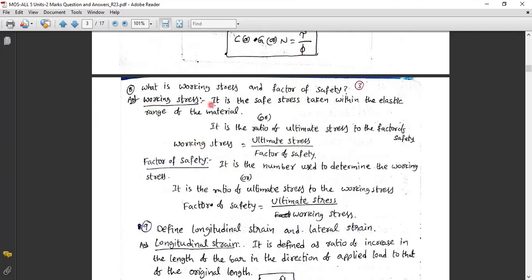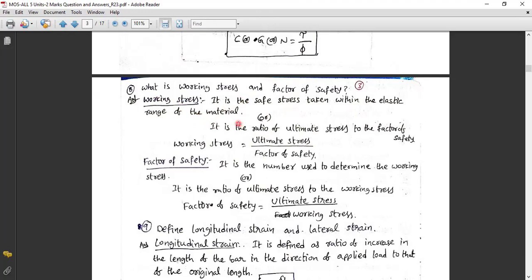Now taking the next question, what is the working stress and factor of safety? For everything, we have to apply a factor of safety and we need to have a working stress. Working stress is the safe stress taken within the elastic range of the material.